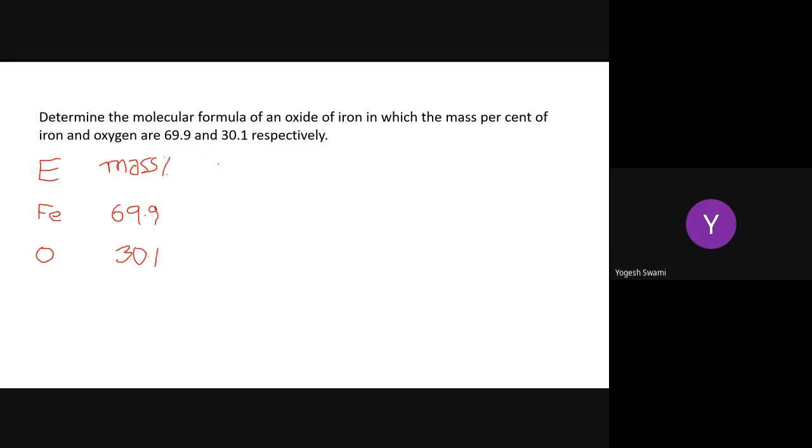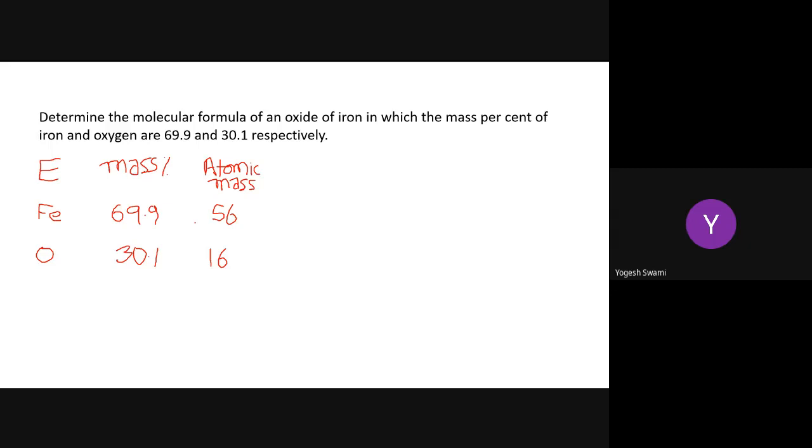Now the next head of the table is atomic mass. Whenever such numericals come in the exam, atomic mass is given in the numerical. Atomic mass of iron is 56 and oxygen is 16.